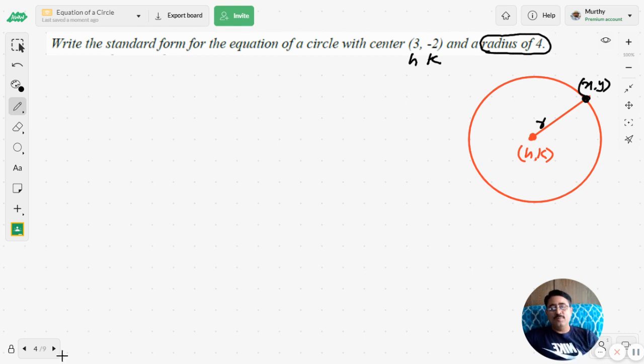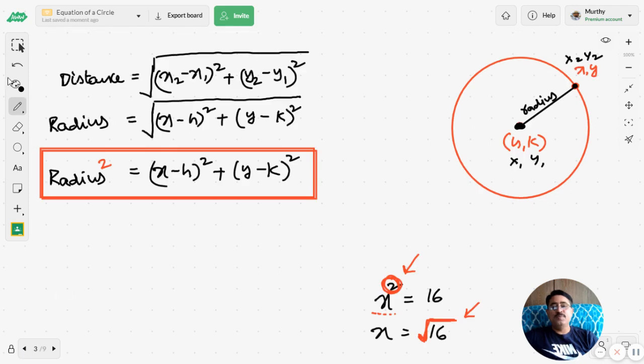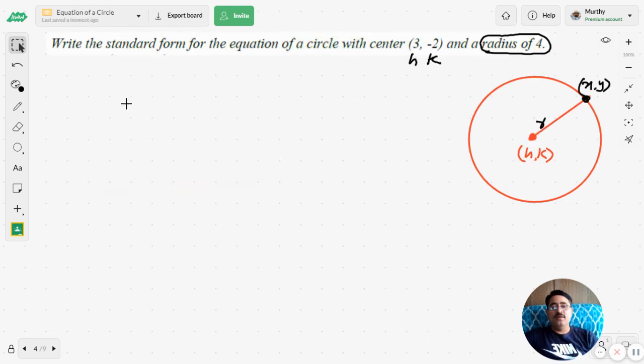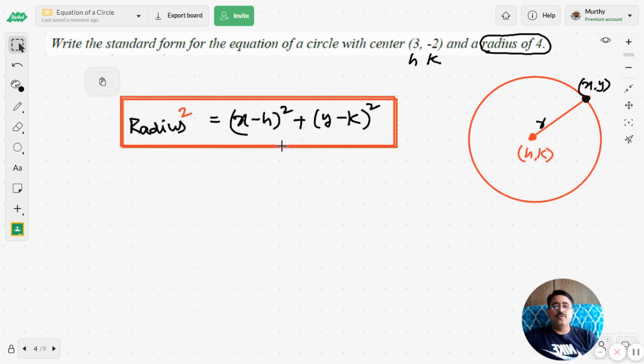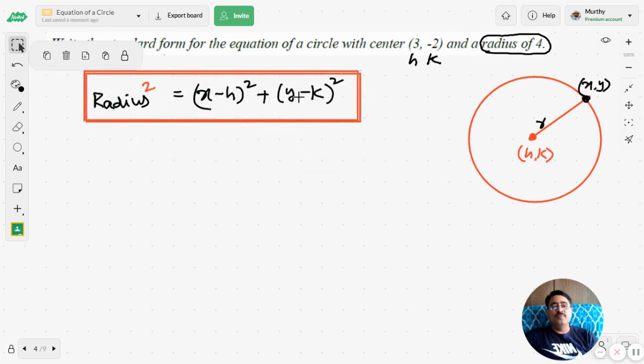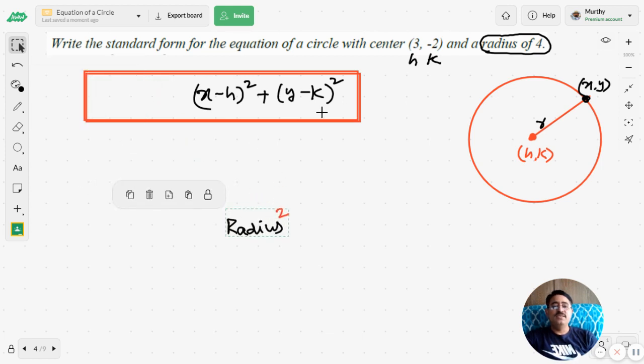Let me quickly jump back to the previous page, and you may copy this one. I strongly recommend you to write the formula in every question. I know some people prefer to write this one on the left hand side. Just a minute. Let me rearrange.